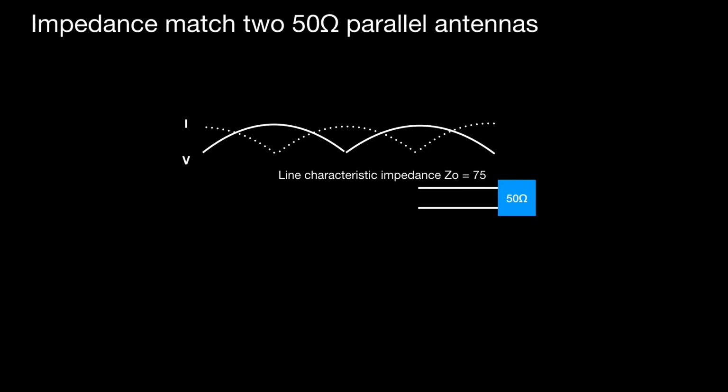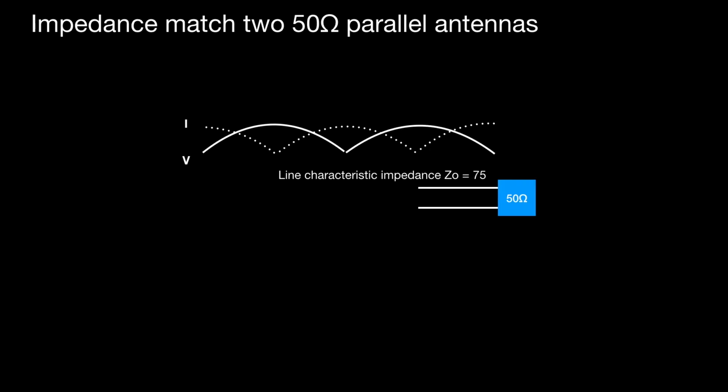So here the problem posed in the book Advance is to match two Yagis, each of 50 ohm nominal impedance, to a single 50 ohm transmission line or feeder. Now you might do this if you stacked or bayed two Yagis to increase the gain of the station.